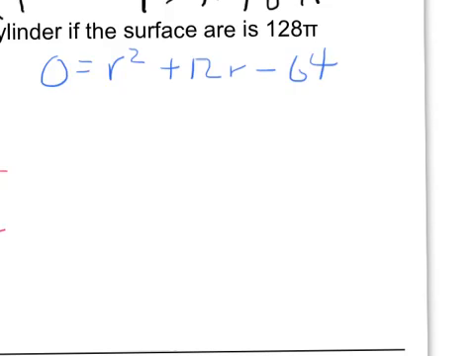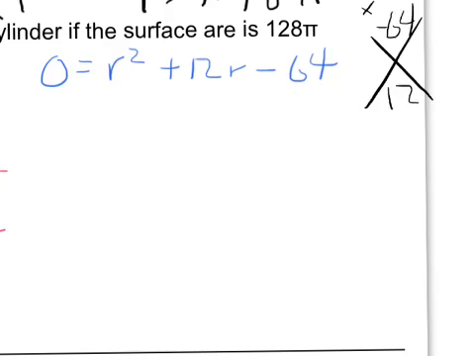Okay, at this point, I've told you guys to always check and see if you can factor it before you use the quadratic, because factoring is just a lot easier than using the quadratic formula. So, let's make our little factor tree. Negative 64 on top, 12 on bottom.